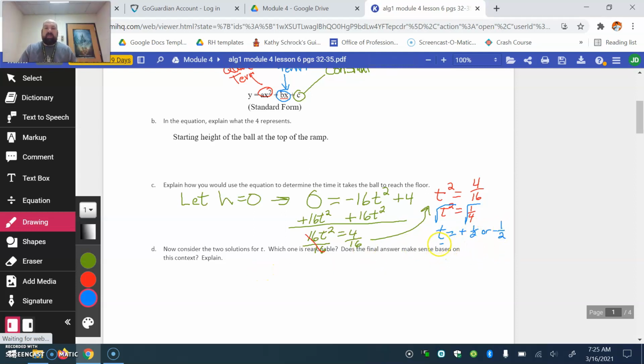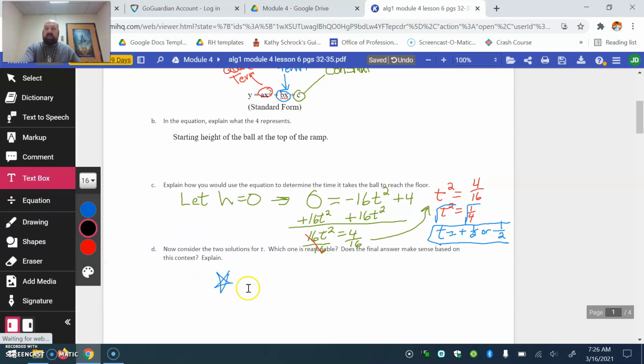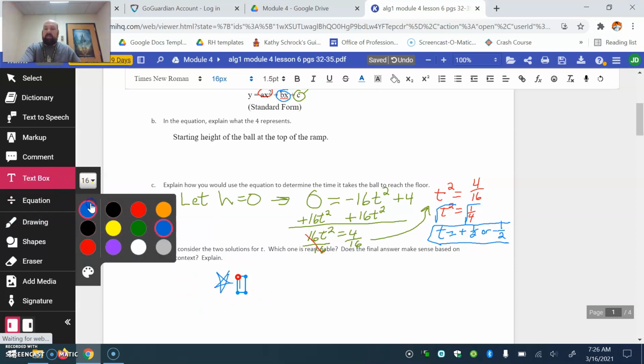Now, here is the issue with this. When we get to the next question, now consider the two solutions for t. Which one is reasonable? Is positive 1/2 seconds or negative 1/2 seconds reasonable? So here is the big idea with these real world word problems: sometimes they cannot be a negative, or sometimes it's not reasonable for it to be a positive. So I'm going to add this here in blue.